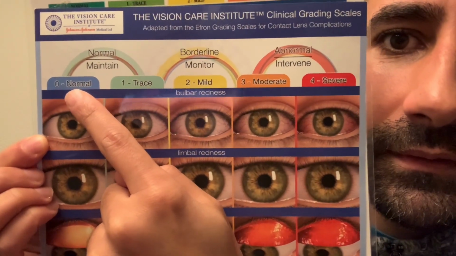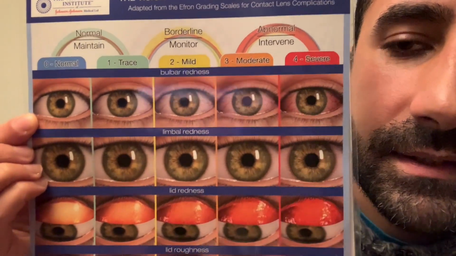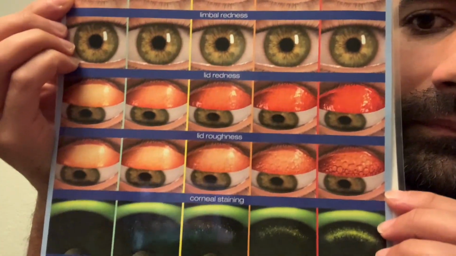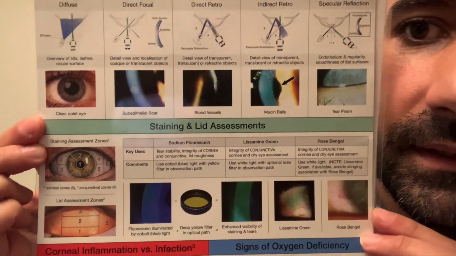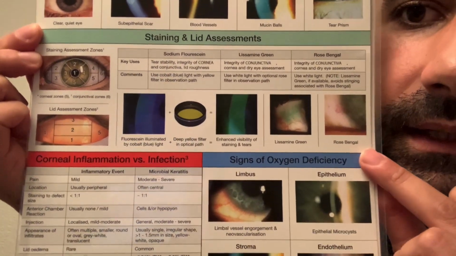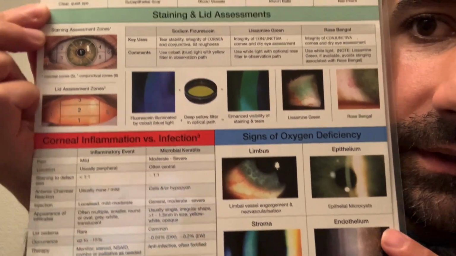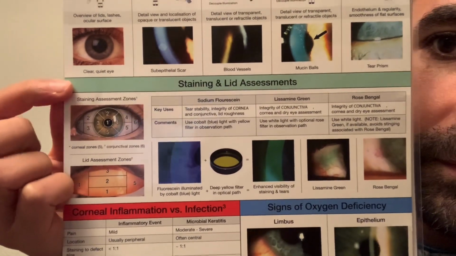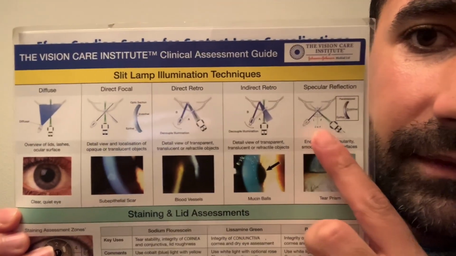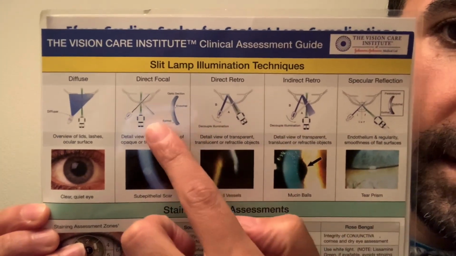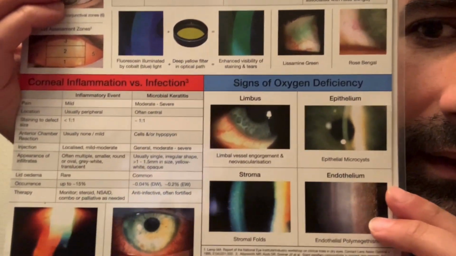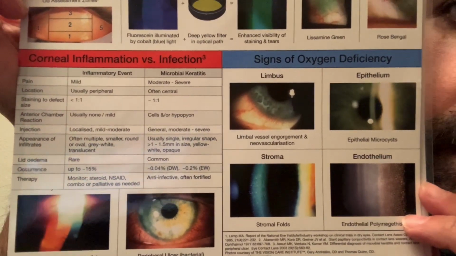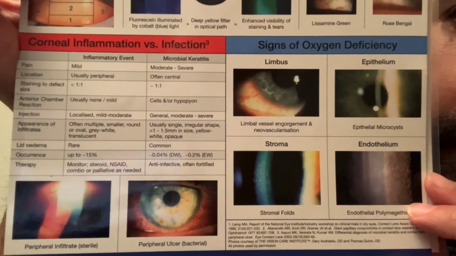The normal, ranging from the severe end of the scale, and on the reverse we also have some technical information, certain grading zones, and we have various ocular techniques we can perform with the slit lamp, and just some further grading information right there.